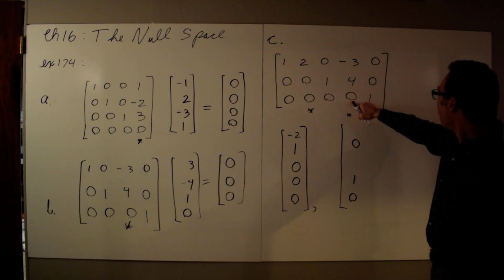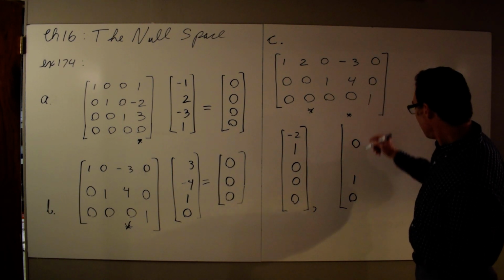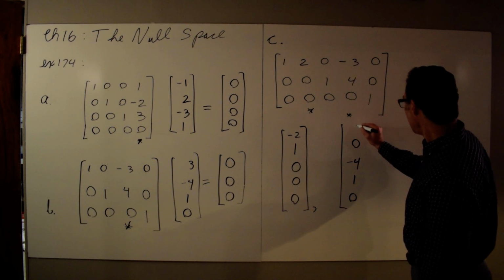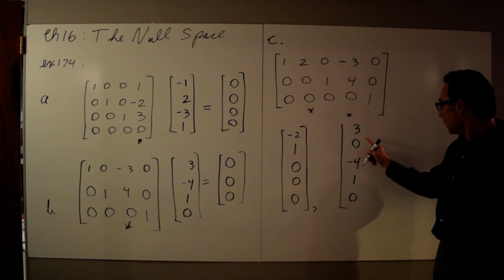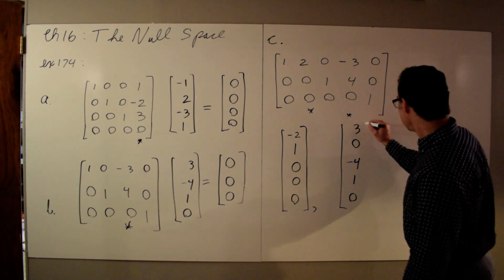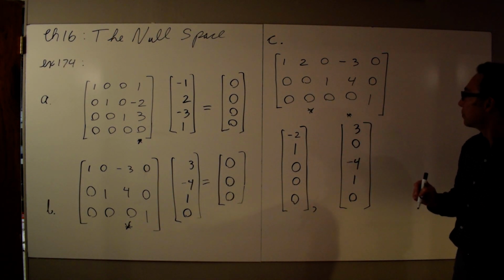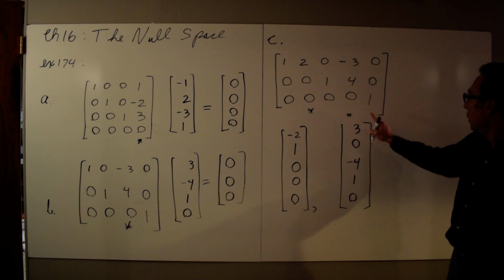And we go up and we change the signs. So we have -4 and then we have +3. Again, we're pretending that the second column doesn't exist right here. And so now we found another vector in the null space.